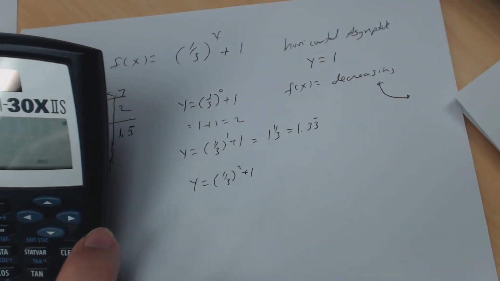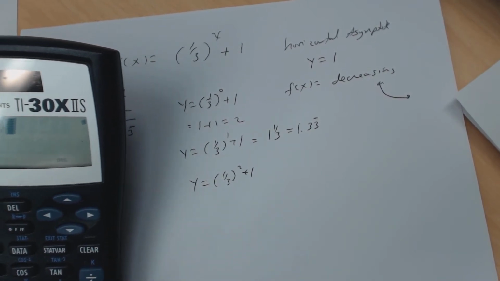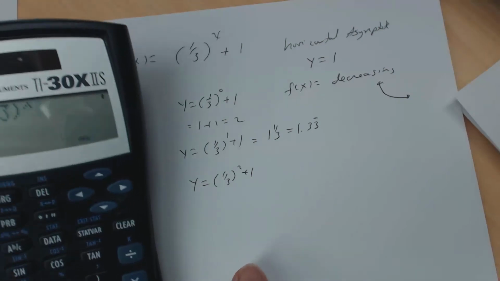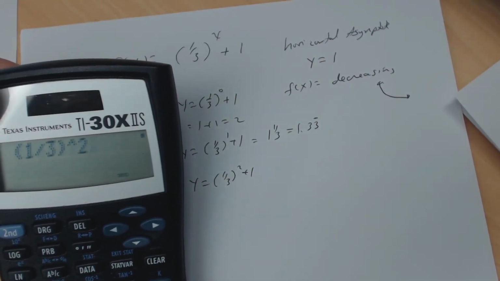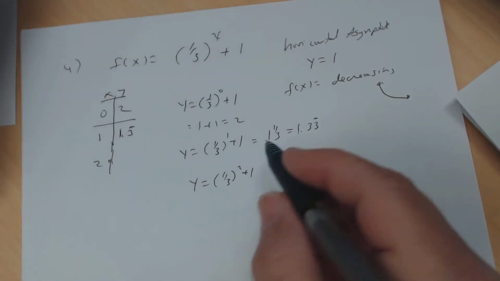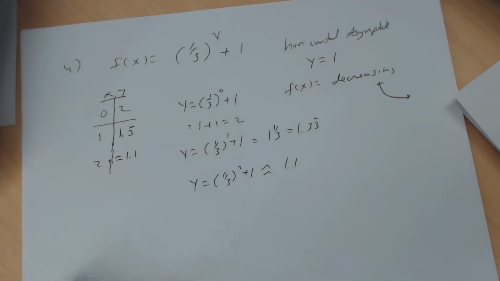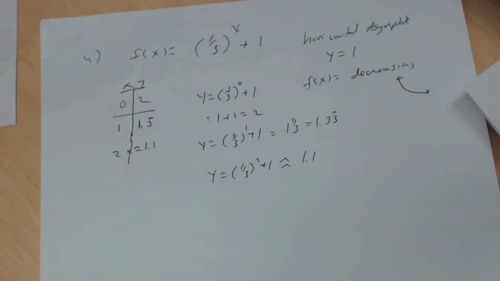Let's see what we get. So 1/3, parentheses 1 divided by 3. Make sure you put the 1/3 in parentheses, raised to the second power, and then plus 1. You get something like 1.1. So let's say about 1.1. All right, now here's what's happening in terms of the graph.